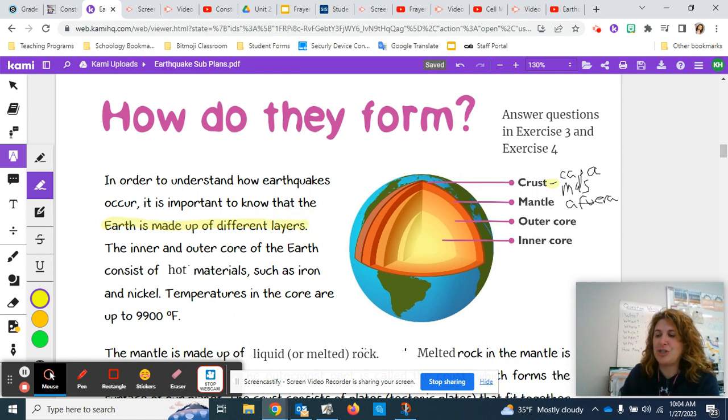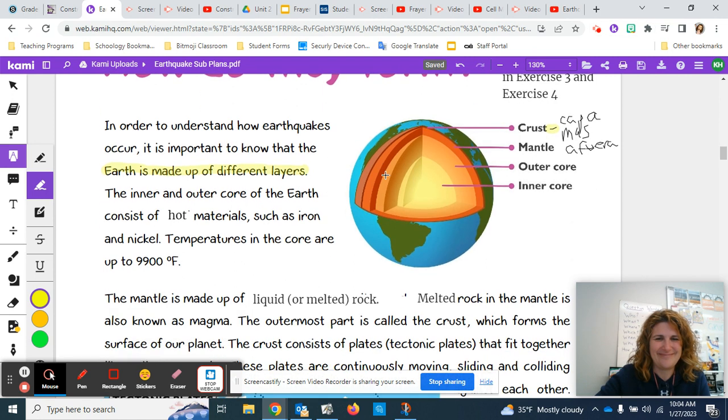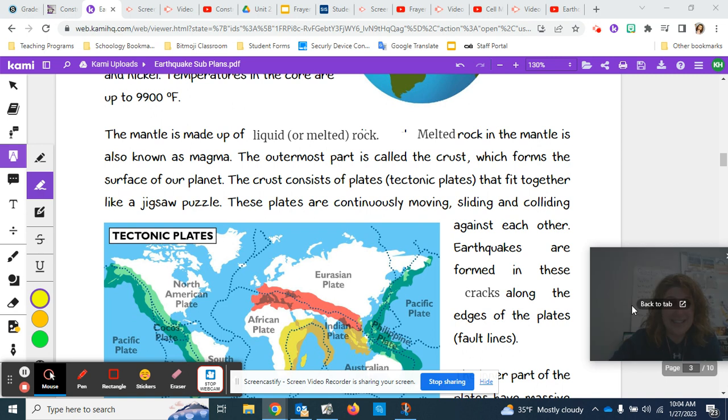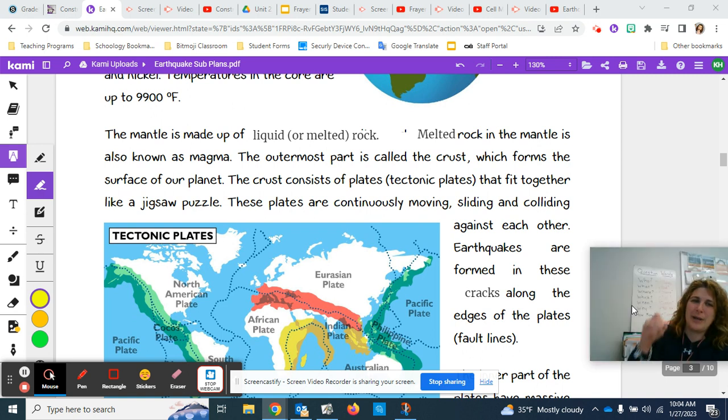For paragraph 2, voy a leer en inglés y después voy a explicar en español. The mantle is made up of liquid or melted rock. Melted rock in the mantle is also known as magma. The outermost part is called the crust, which forms the surface of our planet.